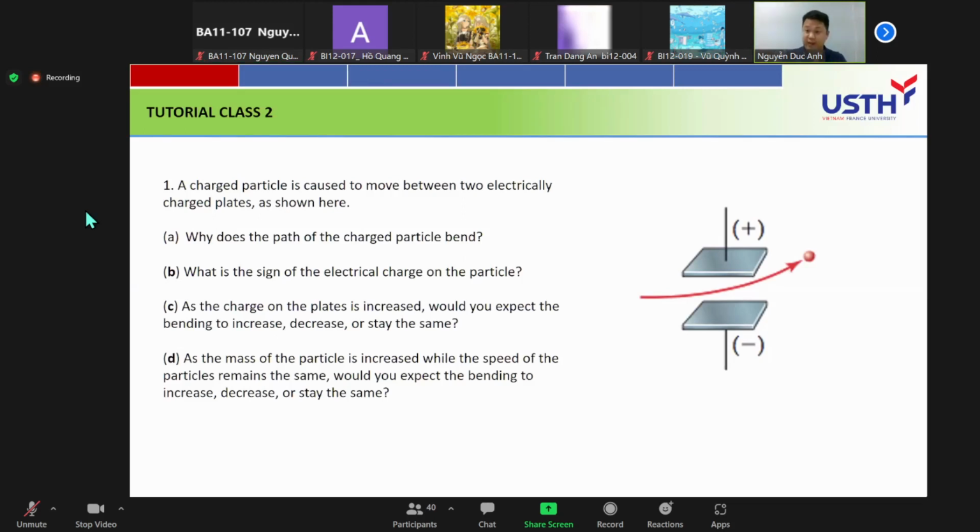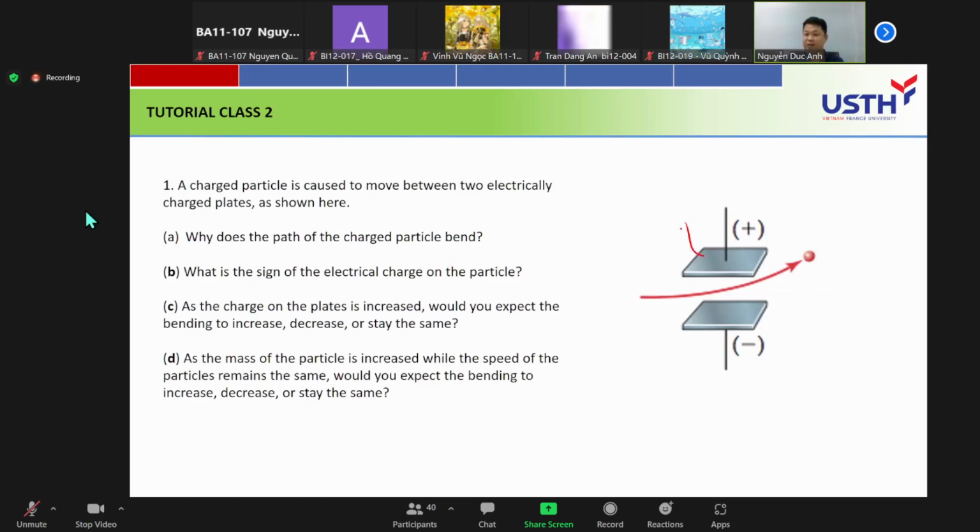In this exercise, they say that you have a particle with charge going through two electrical charge plates.